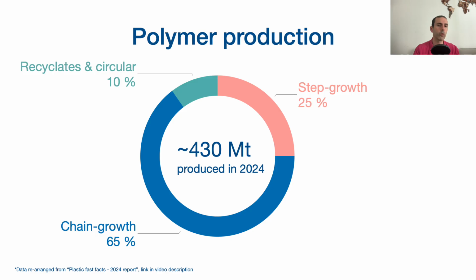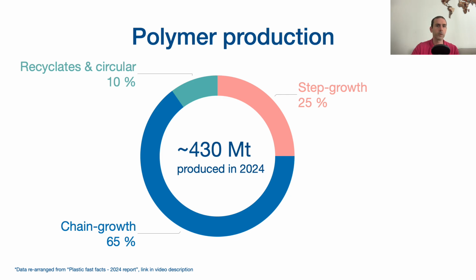So in 2024, global plastic production reached a staggering 430 million tons. And during the time it took you to watch this video up to this point, roughly 12,000 tons were produced. 12,000 tons, and we were just sitting here. Anyway, this trend has been growing for decades.